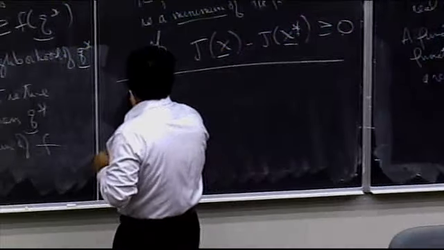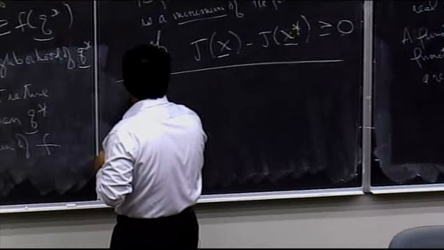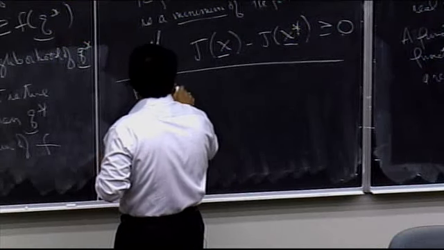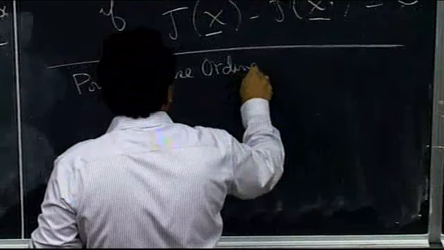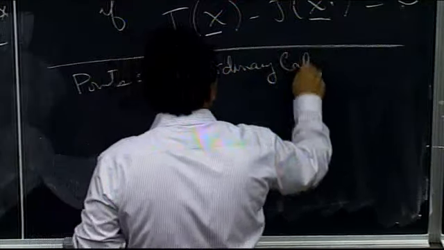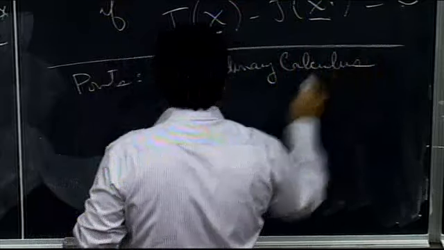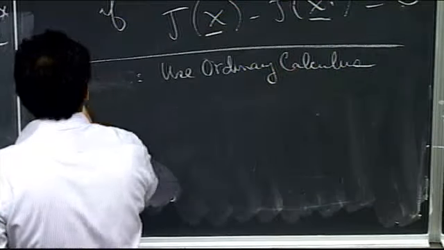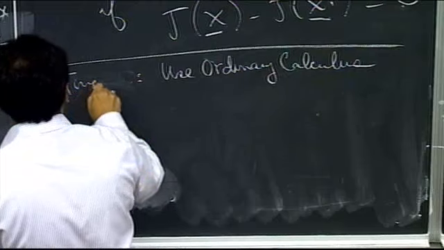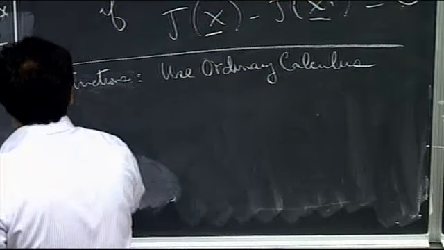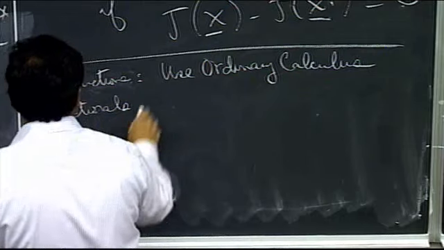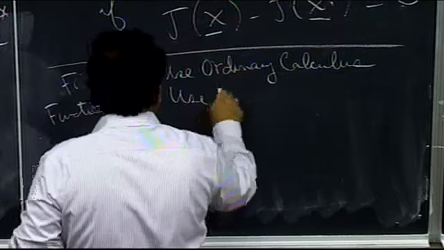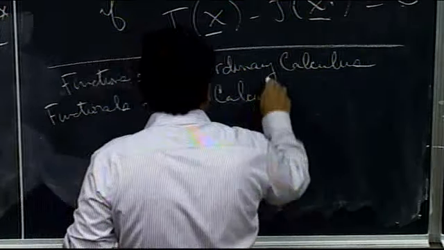For points, we use what we call ordinary calculus. That's the calculus you've all learned. But for functions, and for functionals, we use what's called calculus of variations.